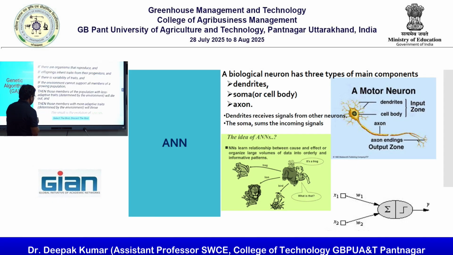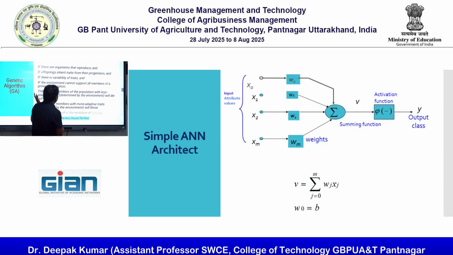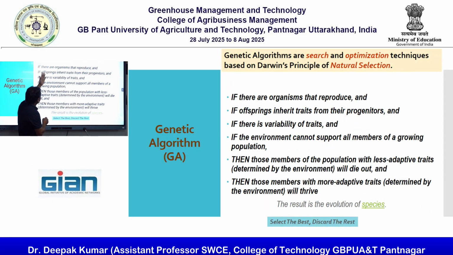Okay, genetic algorithm. Similarly, what is this genetic algorithm? We have talked about this. It is basically dependent upon Darwin's principle of natural selection, है ना। क्या कहता है वो selection? कि if there are organisms that reproduce, if offspring inherit traits from their parents, if there is variability of traits, है ना, I think you understand this. ये सब होगा, then those members of the population with less adaptive traits will die out. यही तो है ना natural selection.